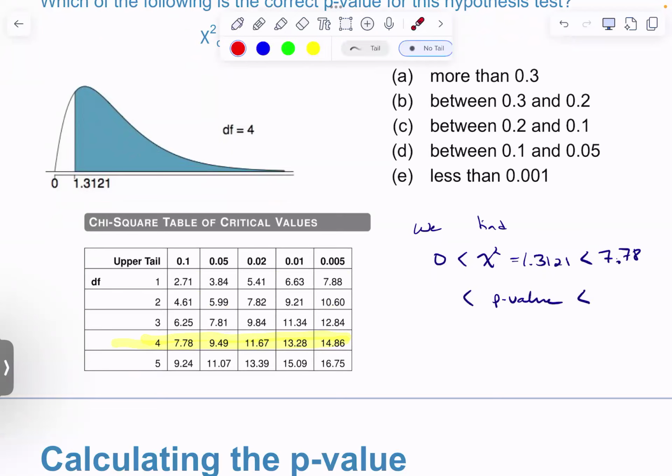Which means my p-value is between, again, 0.1 and 1. At 0, the area in the tail is 1. So 0.1 and 1.